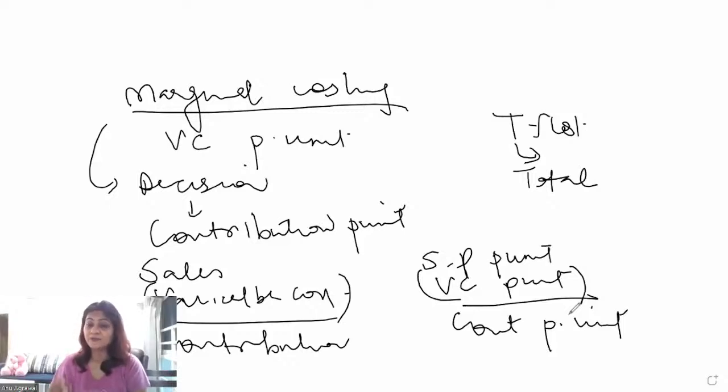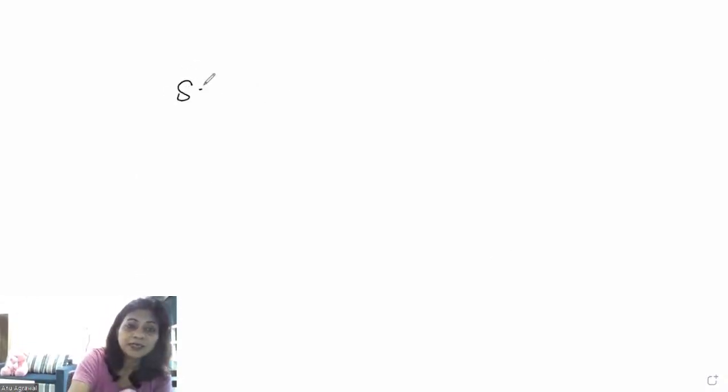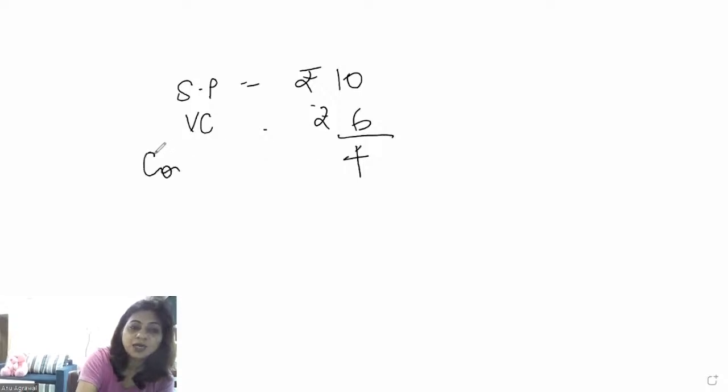It says that if your selling price is rupees 10 and your variable cost per unit is rupees 6, you are getting a contribution of rupee 4 per unit.